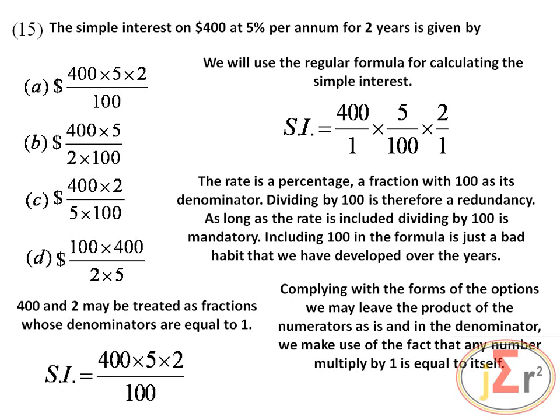So there we have it. Any number multiplied by 1, 100 multiplied by 1 is 100, multiplied by 1 again, we have 100, and in the numerator we have 4 times 5 times 2, as we have it right there. And this is exactly option A.